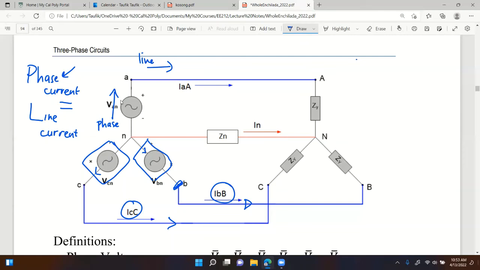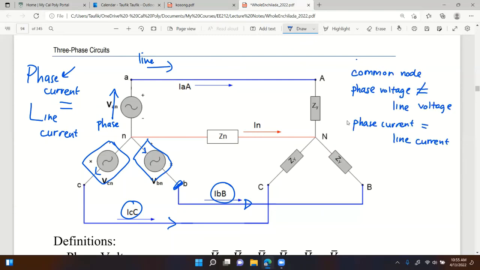What is the first one? What's the first property of a Y connection? There's a common node. Yeah, please say it, because I'm not checking the chat. What is the second property of Y connection?